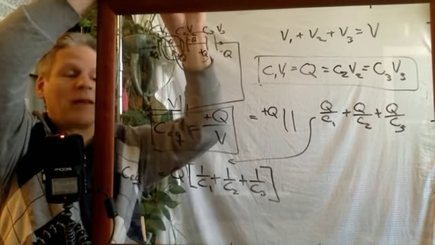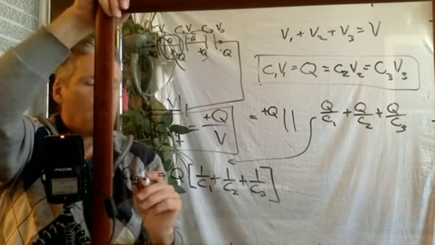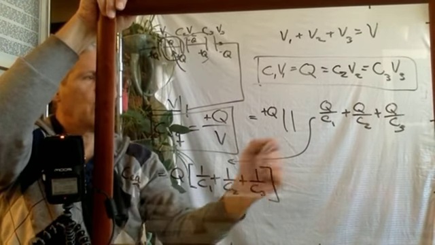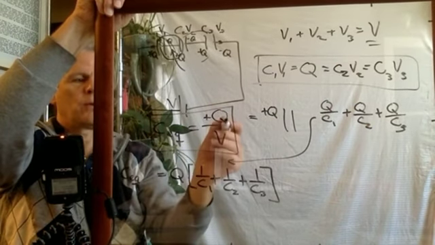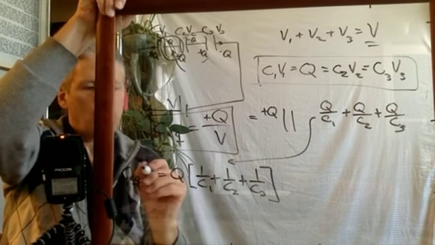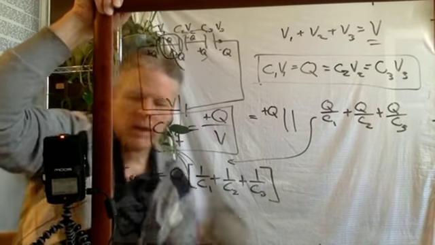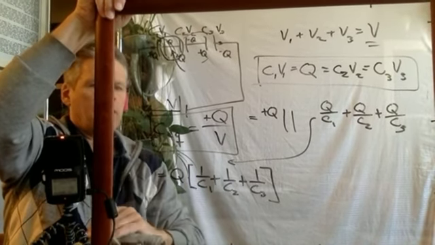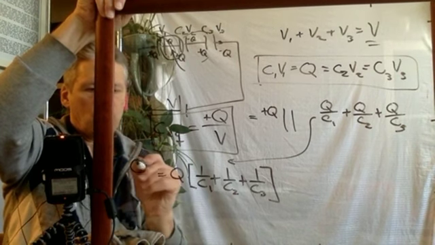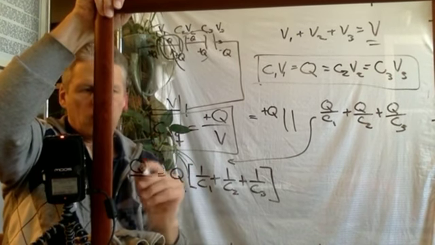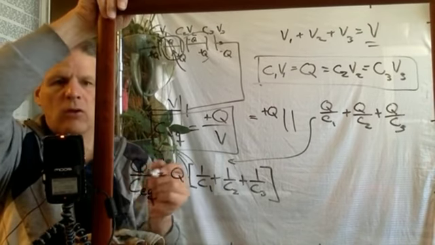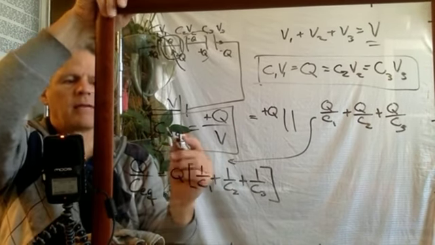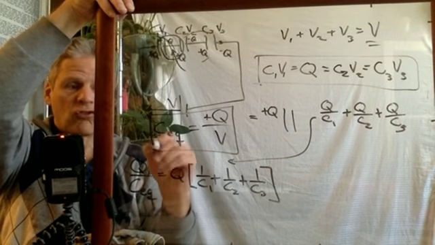So what is this equal to? This is equal to V, right? Well, what's our total V equal to? By this definition right here, it is equal to Q, which is our Q total, divided by C equivalent, just by definition.